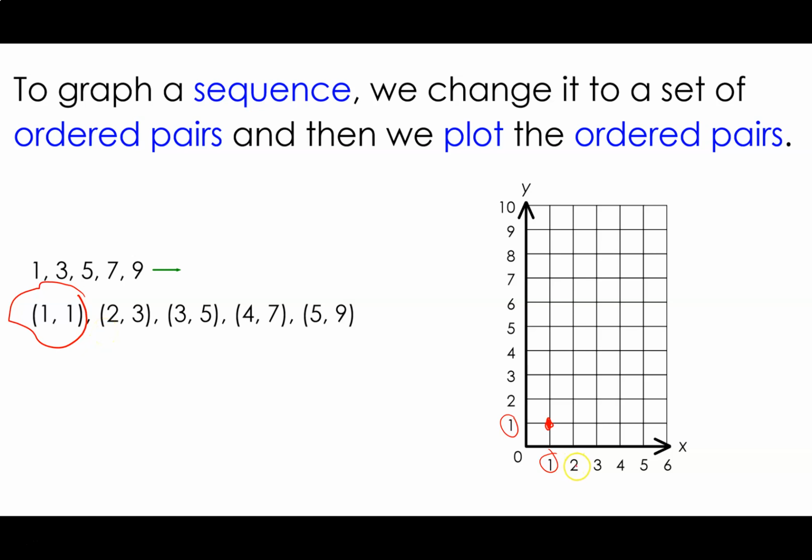Here is 2 on the x-axis. Go up to 3 on the y. Now 3, 5. 3 on the x, up to 5 on the y. And we have 4, 7. And finally, 5, 9. You will notice that this is an increasing pattern.